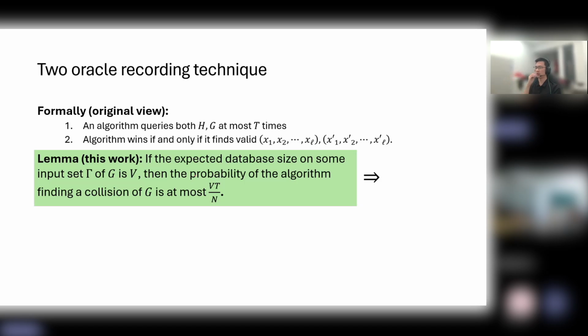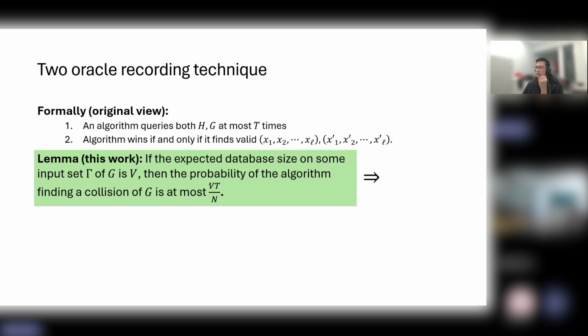If the expected database size of G is V, then the probability of the algorithm outputting this collision of G, because this pair is a collision under G. So if the algorithm has an expected database size V, then its success probability is bounded by VT divided by N. I think there should be a big O notation, but you can think of a big O notation here.